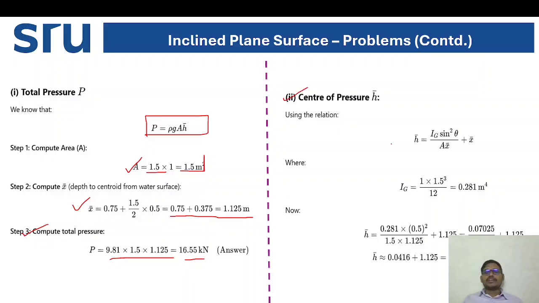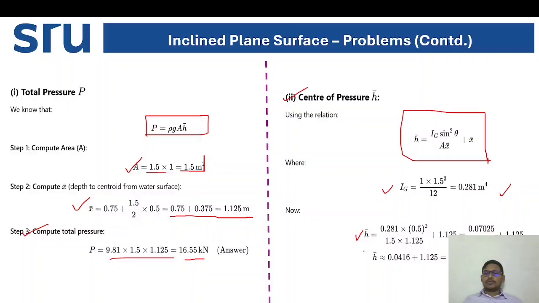Coming to the center of pressure, H star equals Ig sine square theta by A into x bar, plus x bar, where Ig equals 1 into 1.5 power 3 by 12, that is equal to 0.281 meter to the 4.